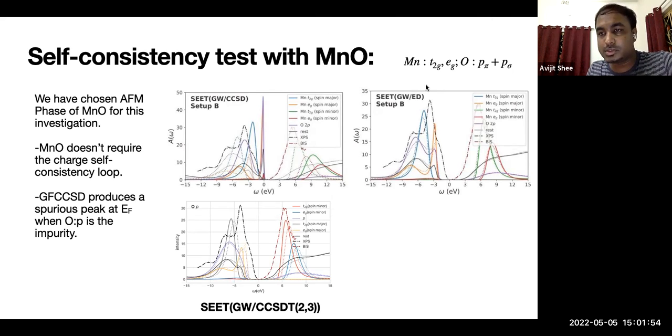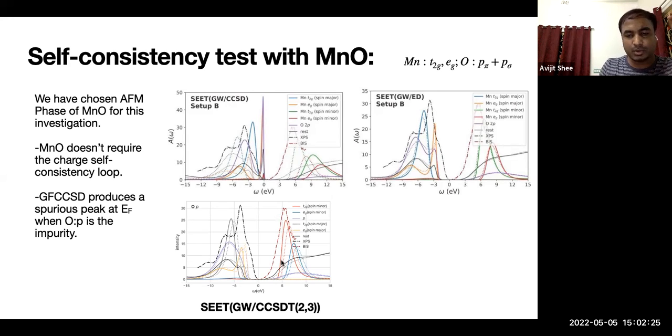When we choose the impurity like this, CCSD actually produces a spurious peak near the Fermi surface, which is not there in ED and also not in experiment, so this is certainly wrong. But when we apply this CCSDT 2-3 solver, this behavior goes away.